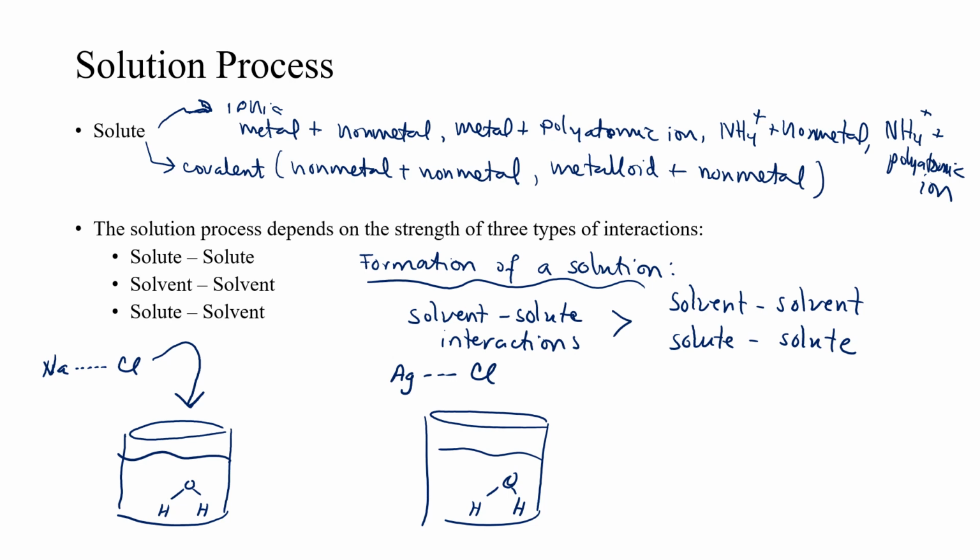The attractions between this solute, sodium chloride, and the water molecules are stronger than the attractions that you have between the sodium ion and the chloride ion. So you do get a solution, and you can actually do this at home.